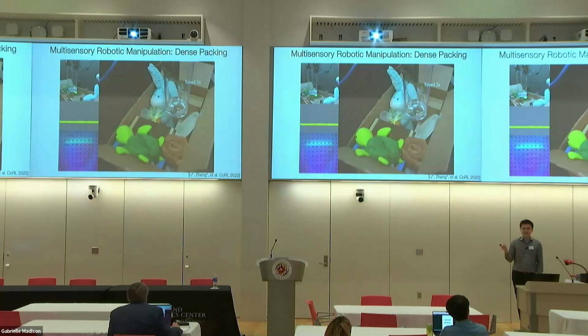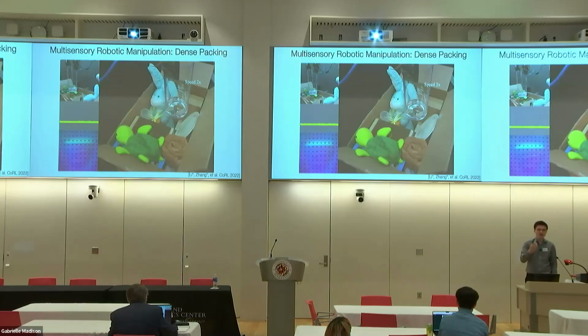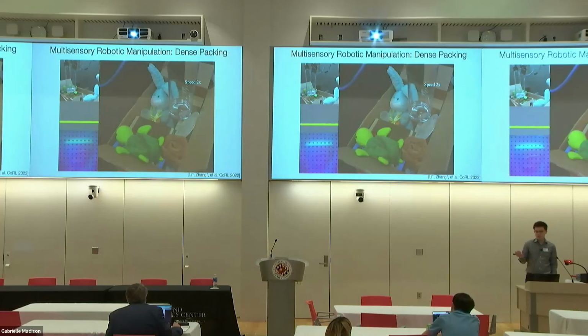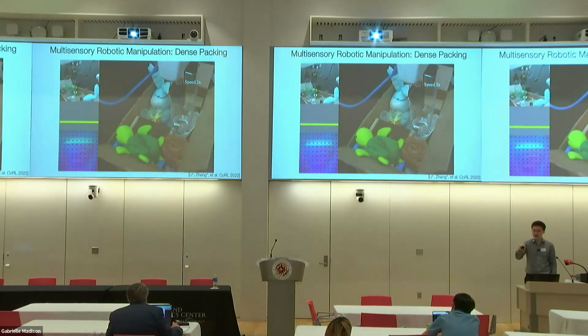So here is just another task. I'm just quickly showing a demo where we also leverage these different modalities, vision, audio and touch, to tackle this task, dense packing. Imagine that you want to put some object, especially an object like a glass, into a packed box.